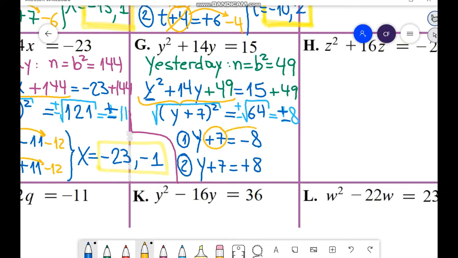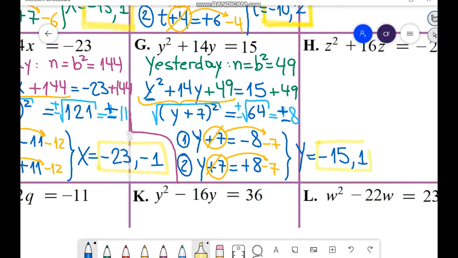Do the same thing, moving this positive 7 to the other side, becomes a negative 7. And we finally write down the answer: y equals negative 8 minus 7, negative 15, positive 8 minus 7, positive 1. Those are the answers.